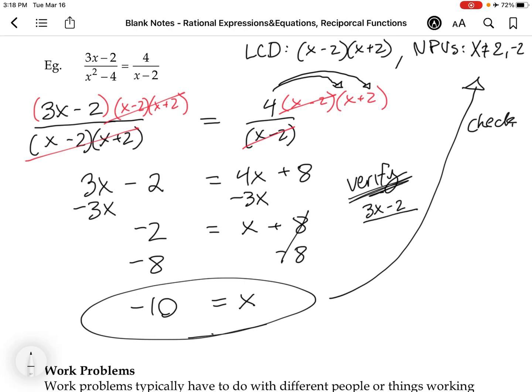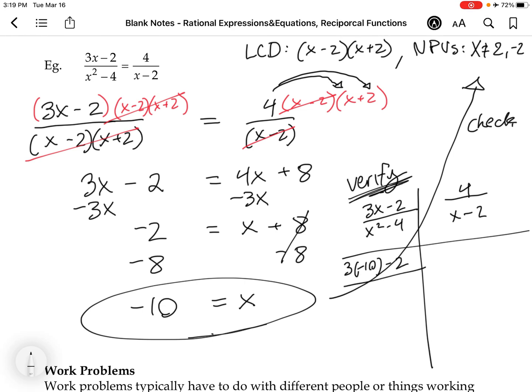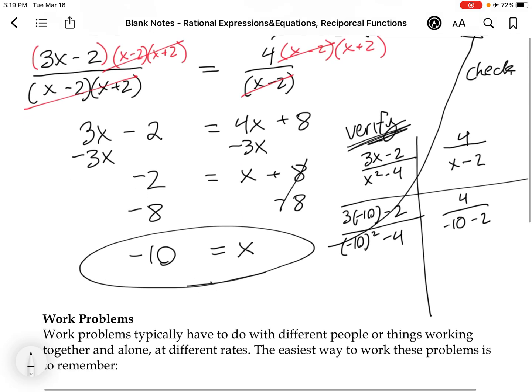The left side is 3x minus 2 over x squared minus 4. Okay, the right side is 4 over x minus 2. So if I plug in -10, I'm going to get 3 times -10 minus 2 over -10 squared minus 4. The right side would be 4 over -10 minus 2.